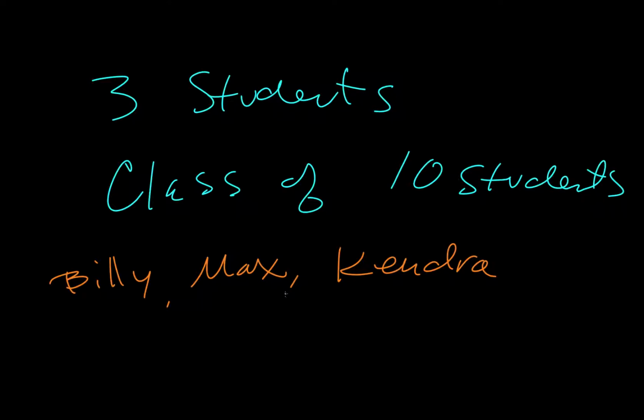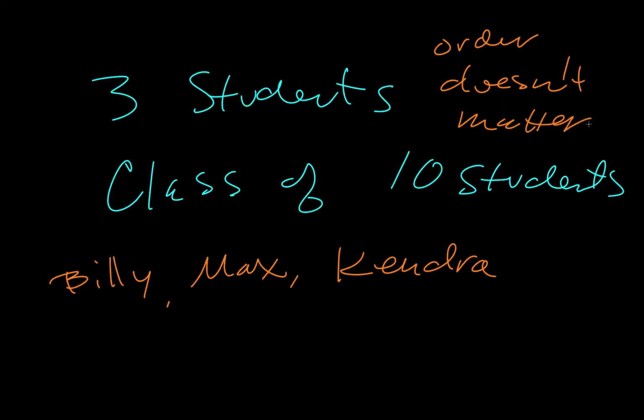It doesn't matter what order we picked them in. If we chose Kendra first, Max, or Billy, we still chose those 3 students. And so it's not a separate outcome. So order doesn't matter. And so this is a combination.